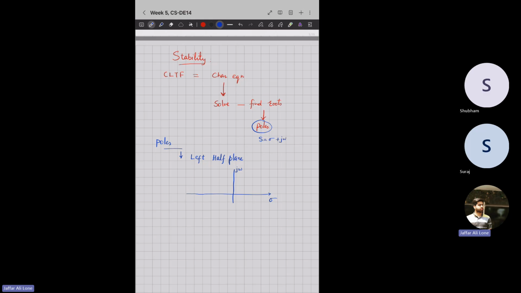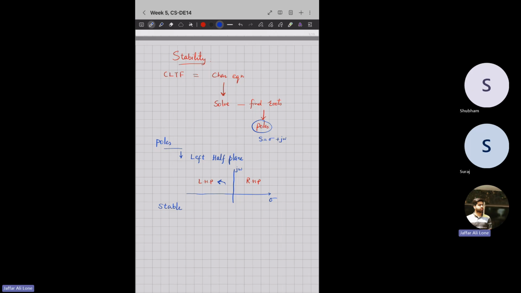It has a real part, at the same time it has an imaginary part, which we are plotting here. So this is the right half plane and this is the left half plane. If all the poles lie strictly in the left half plane, then my system is stable.